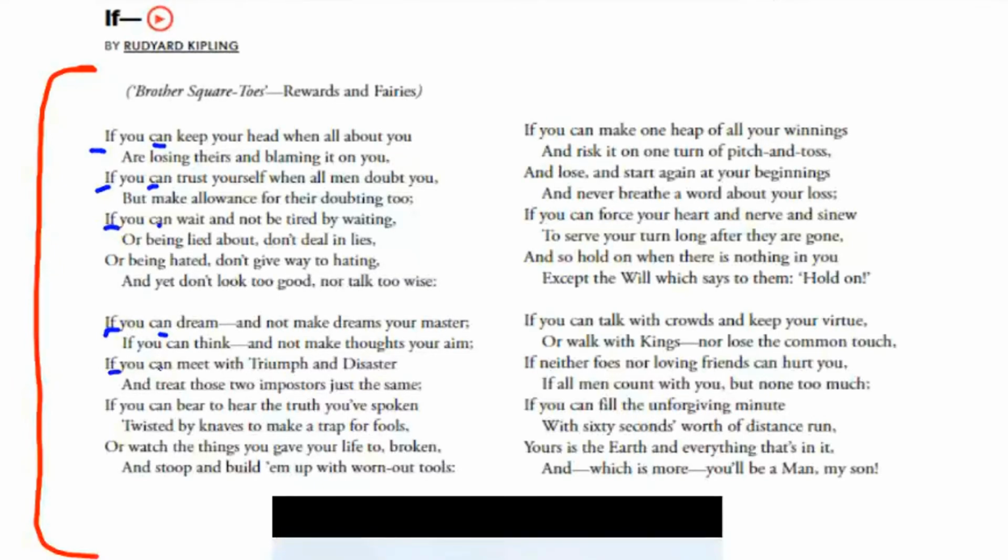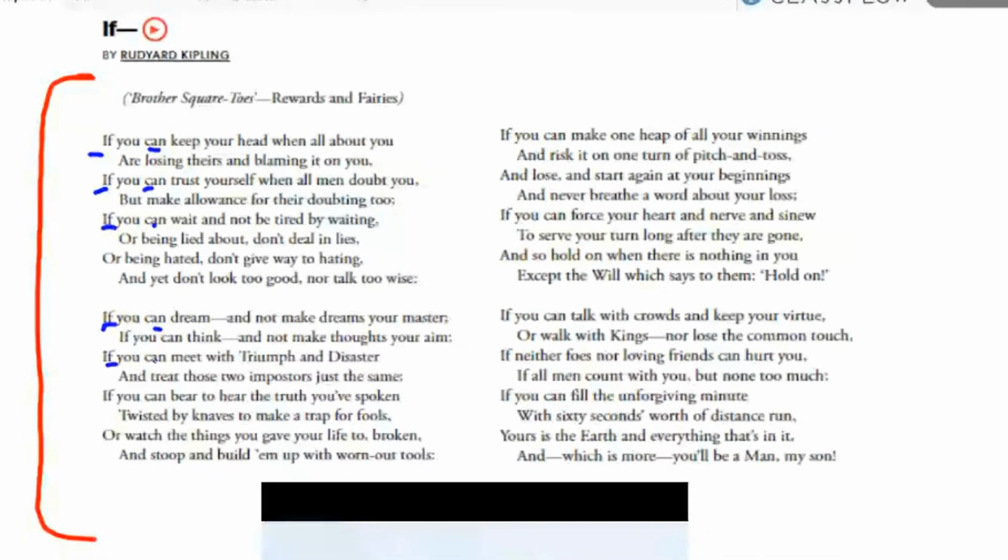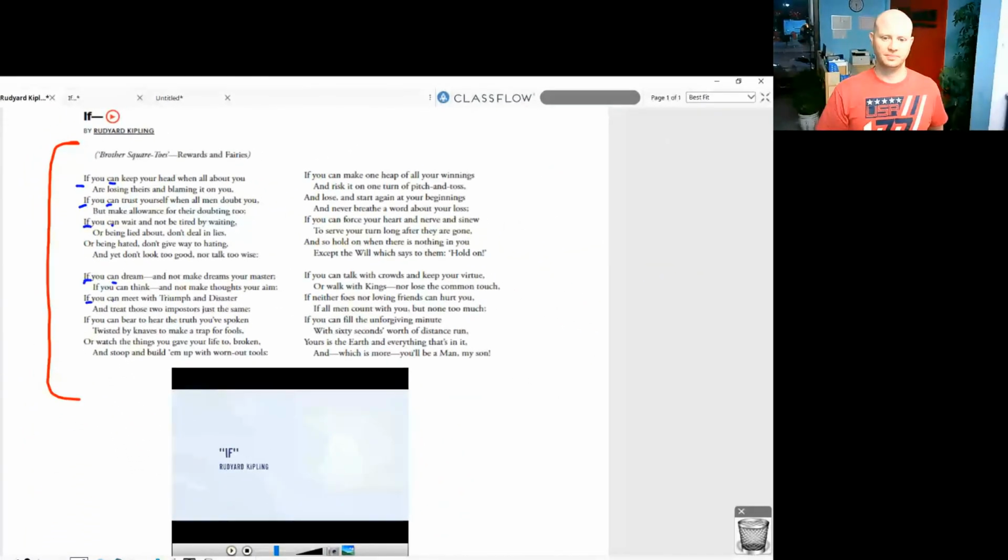So what does this tell us about what Rudyard Kipling thought about what he was saying? Does he think that what he's telling you is possible or impossible? Right. He's saying it's possible. We know that just by what grammar he chose to write it.